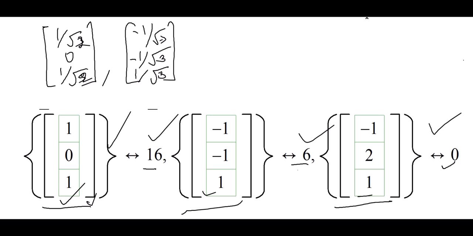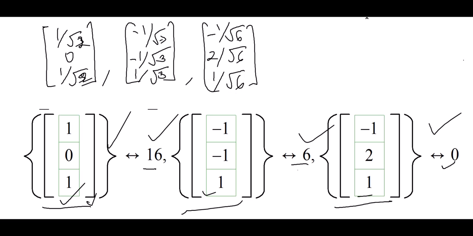Okay, and then the third one is, you can see we have 4 plus 2 is 6. So negative 1 over square root of 6, 2 over square root of 6, and 1 over square root of 6.